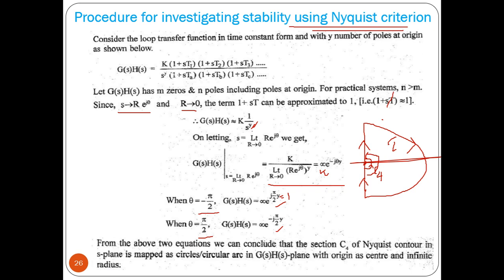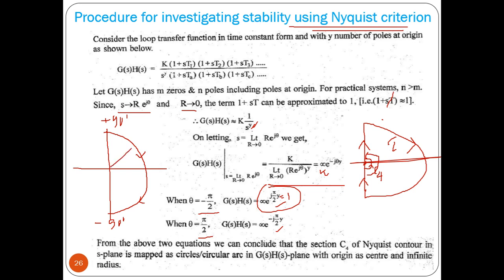Because of this factor, if y equals 1, we get infinity to the power j pi by 2 y, so it should have one half cycle from plus to minus in the clockwise direction.